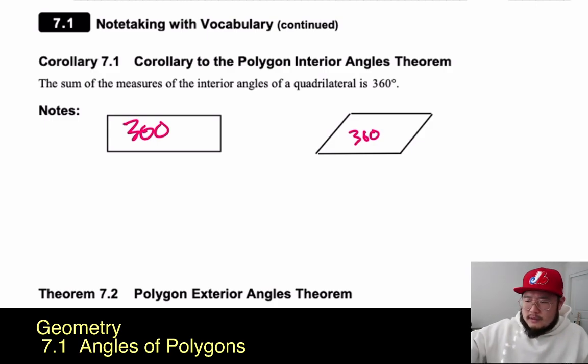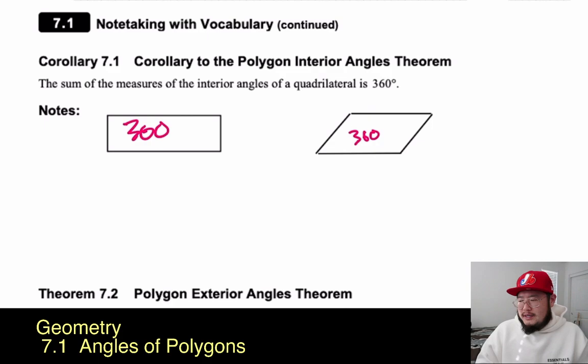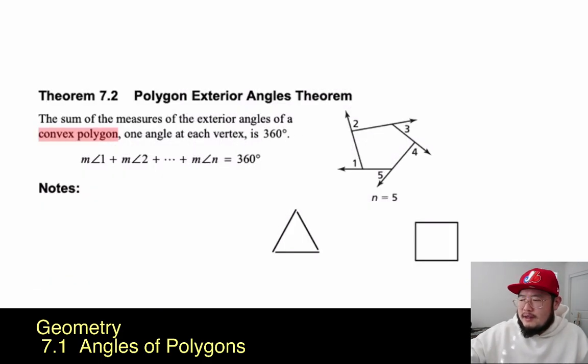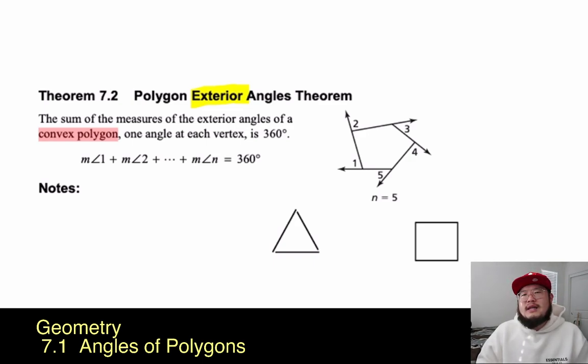Next up, we have the polygon exterior angles theorem. That's the key thing right here, we're looking at exterior angles. It says the sum of the measures of the exterior angles of a convex polygon, one angle at each vertex, is 360.